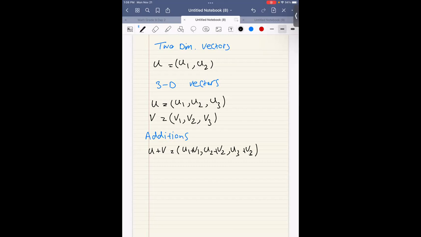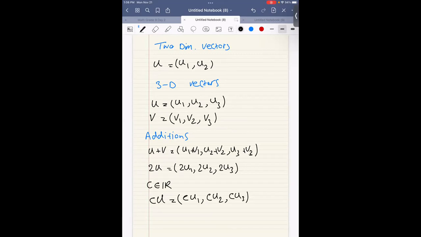That is addition. You can also multiply a vector by a number. For example, you can multiply u by 2. That is also done component-wise, so it's 2 times u1, 2 times u2, and 2 times u3. In general, if c is a real number, then c times u is the vector c times u1, c times u2, and c times u3.